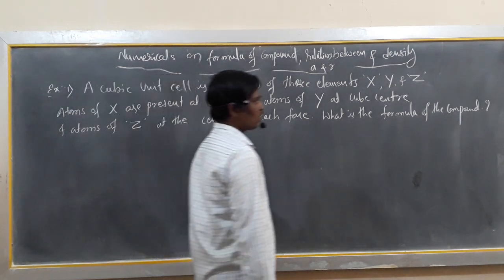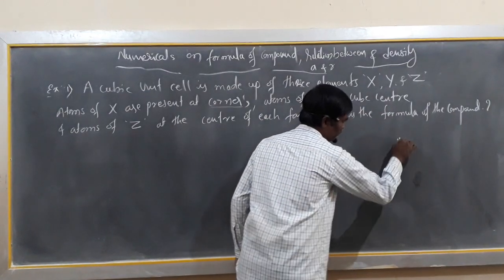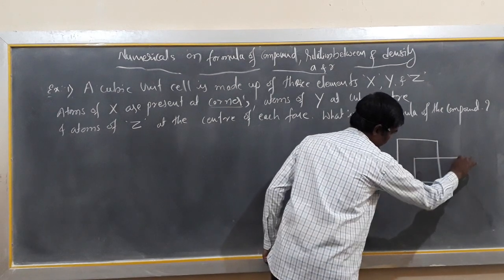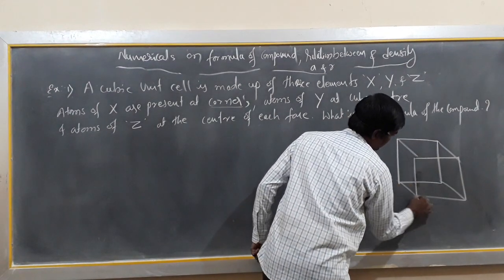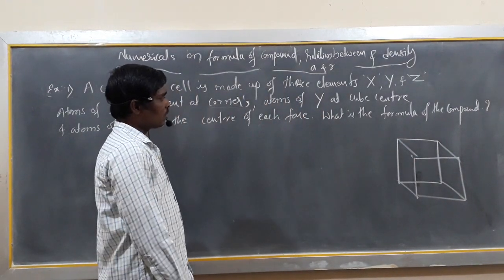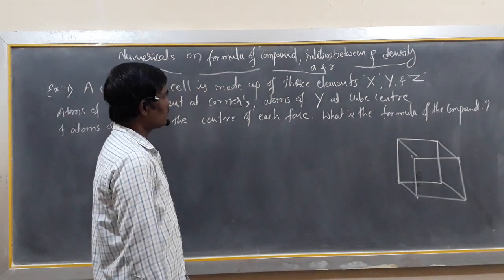Then what is the formula of the compound? We know the unit cell is a cube. So in a cube there are 8 corner particles, 6 face center particles and 1 body center particle.